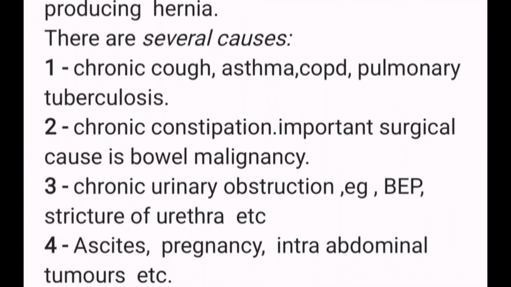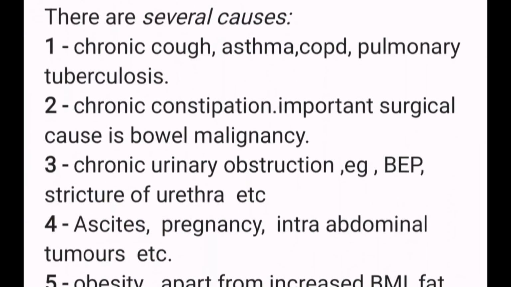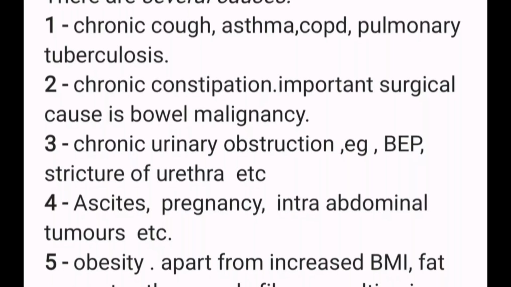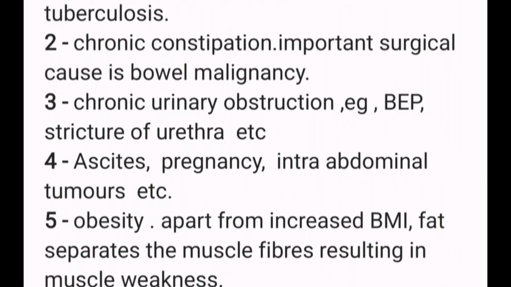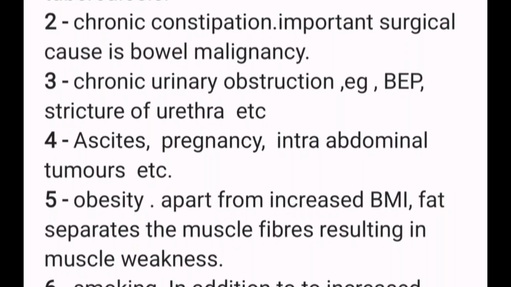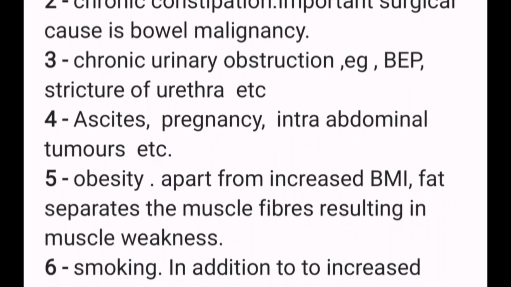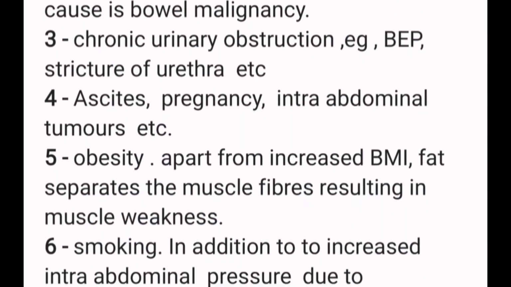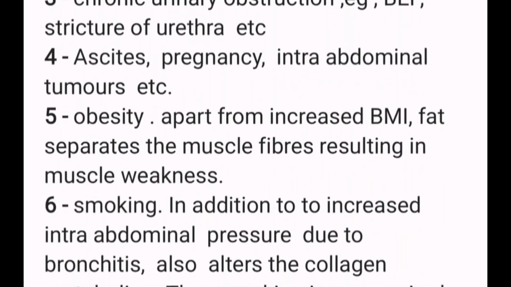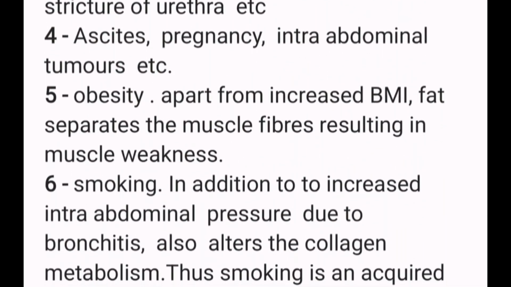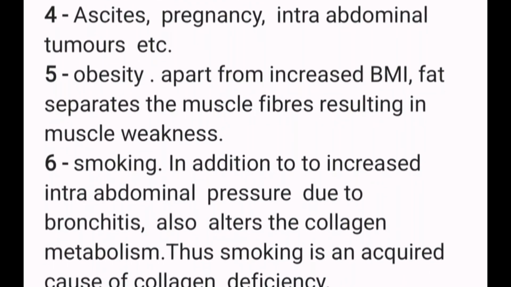There are several causes, for example, chronic cough, asthma, COPD, pulmonary tuberculosis, and chronic constipation. The most important surgical cause is bowel malignancy. Others include chronic urinary obstruction like BEP, stricture of urethra, etc., ascites, pregnancy, and intra-abdominal tumors.